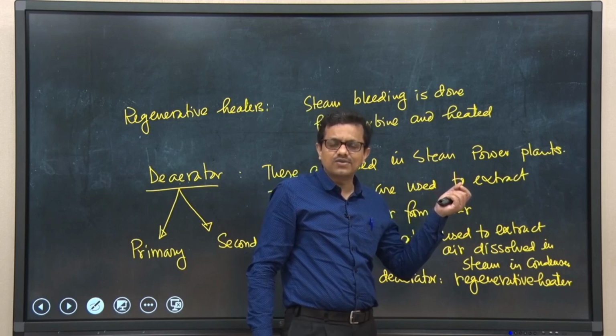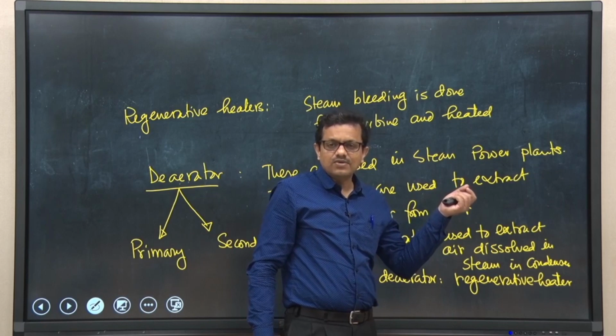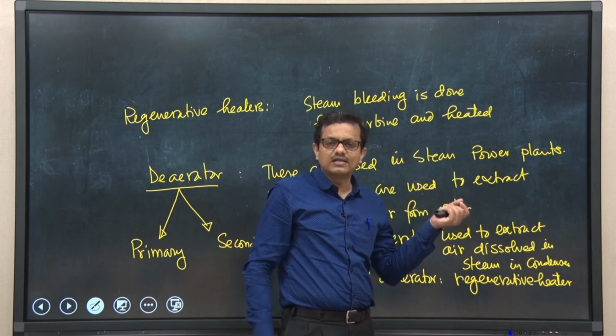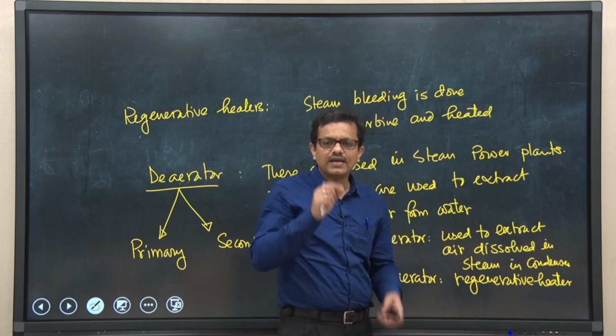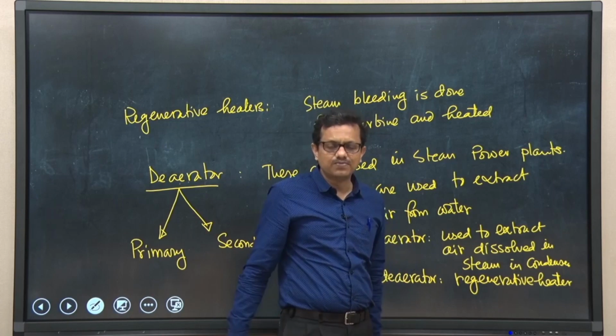So, chances will be there of air leakage into the condenser. If air leaks into the condenser, that air will disturb the heat transfer, it will affect the heat transfer performance by forming a thin film of air on the condenser tube.